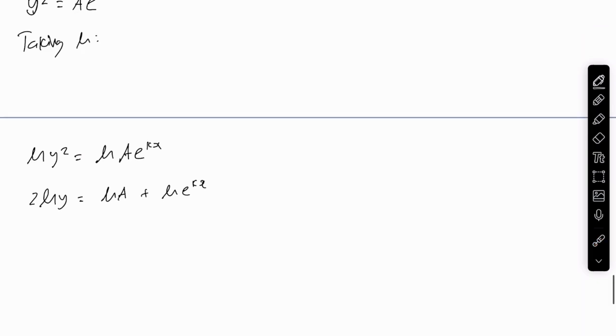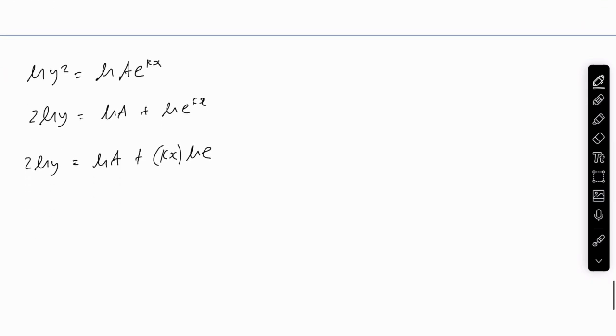And so what we get then is 2 ln y is equal to ln a plus kx ln e. Brilliant. So now 2 ln y is equal to kx plus ln a.